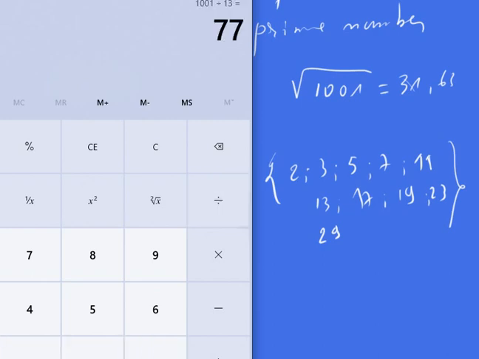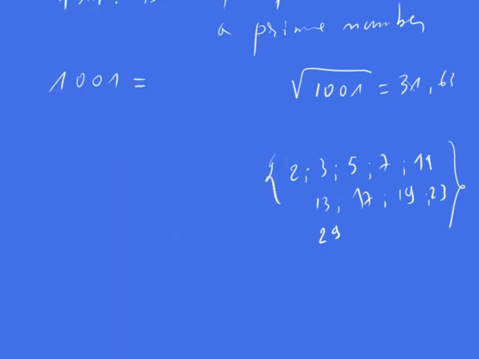Yes, it's 77. So 1001 equals 13 times 77. So it is not a prime number.